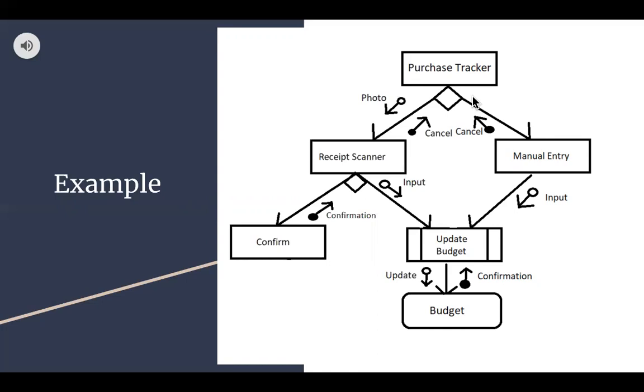Then, after the receipt scanner is done, it must first use the confirm module to get the OK on whether the user wants to use the info found to be added to the budget. Then the confirm module will send a filled circle arrow back to the receipt scanner to let it know the process is canceled or good to go. Manual entry does not get a confirm submodule because it was not specified in the SRS.